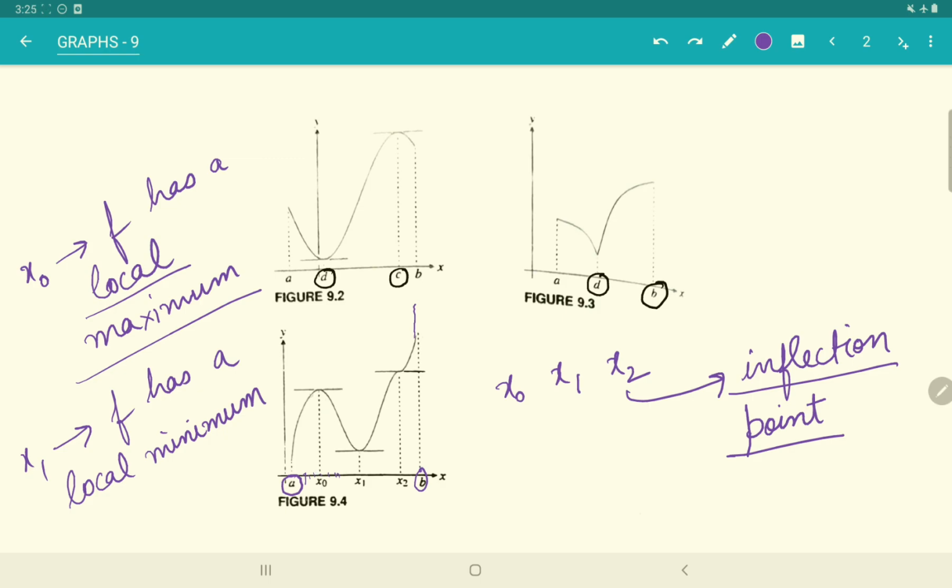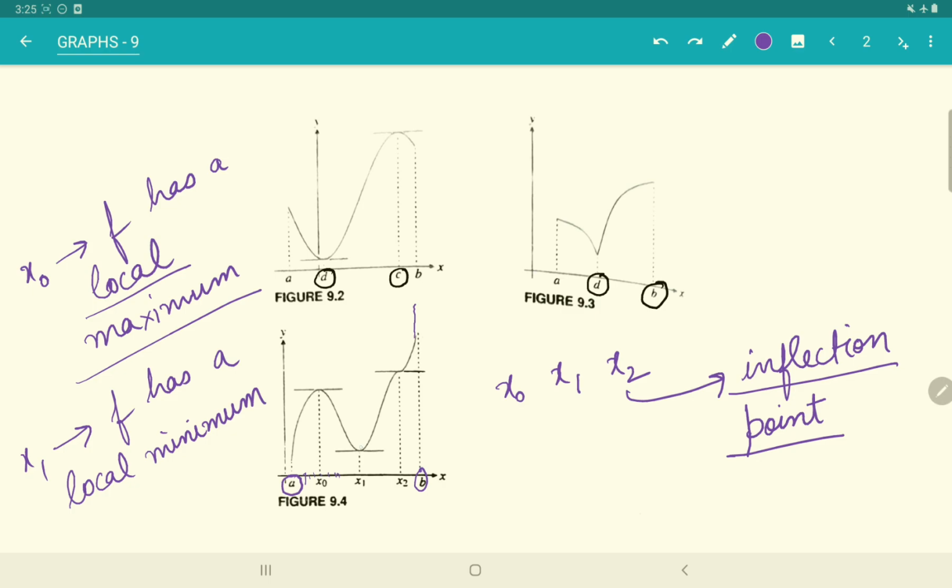At x naught f has got a local maximum precisely because the value of f at x naught is higher than at all neighboring points. If I take up x1, I know x1 is a stationary point, but I also see that at x1 f has got a local minimum.